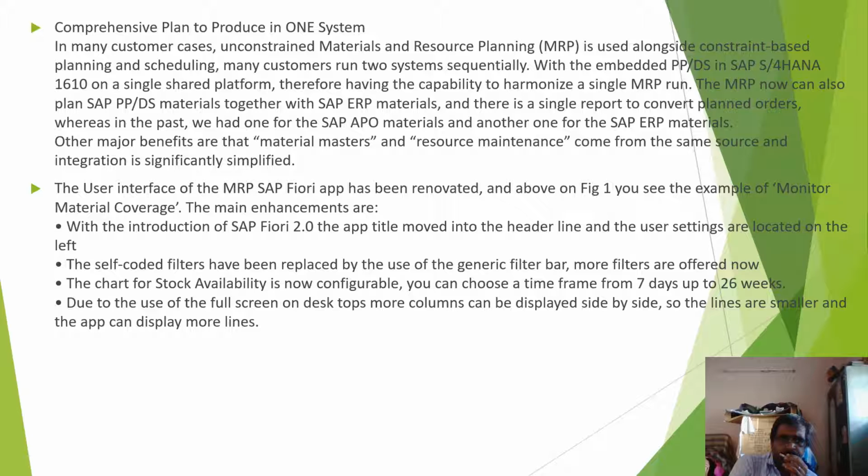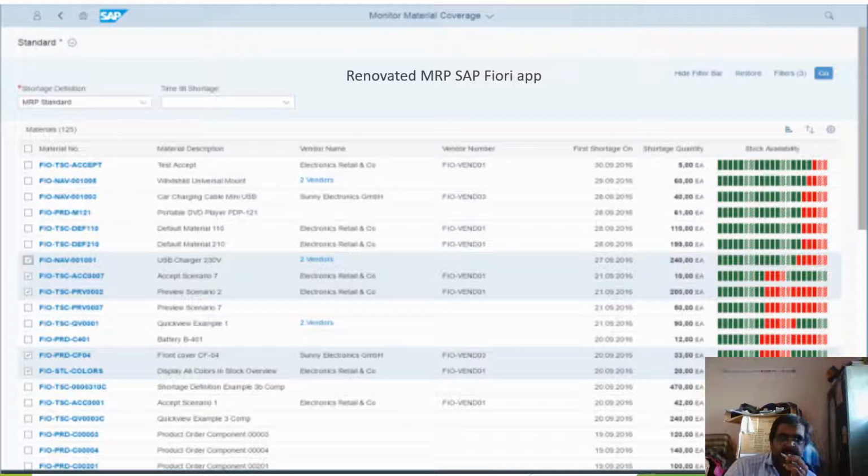The self-coded filters have been replaced by the generic filter bar. More filters are offered now. The chart for stock availability is now configurable. We can choose a time frame from 7 days to 26 weeks. Due to the use of full screen on desktop, more columns can be displayed side by side so that lines are smaller and the app can display more lines. Okay, this is the renovated MRP SAP Fiori app.